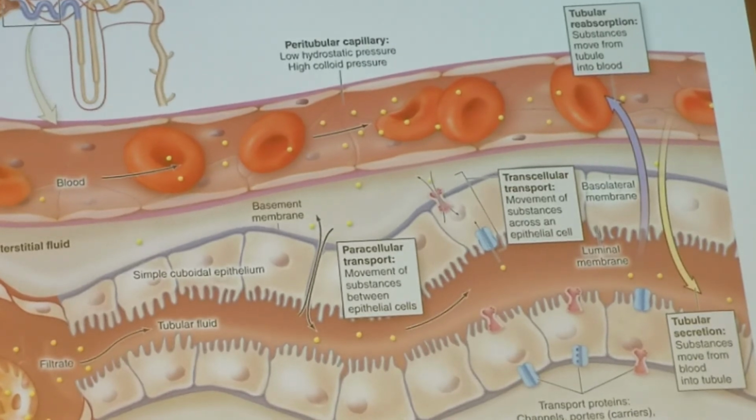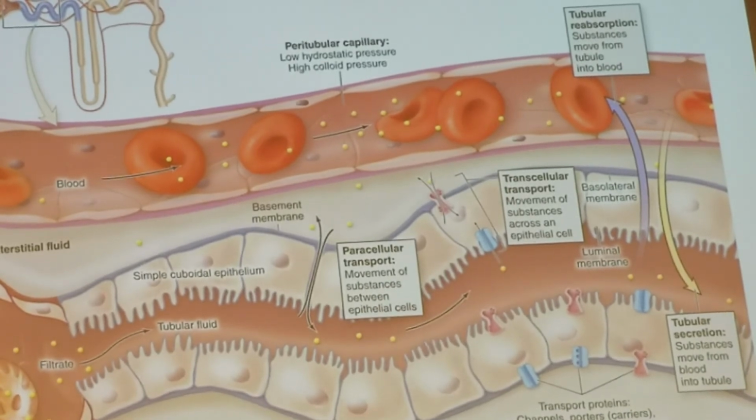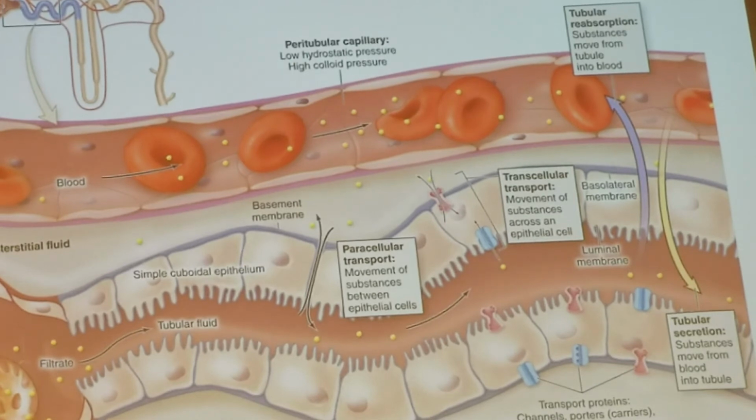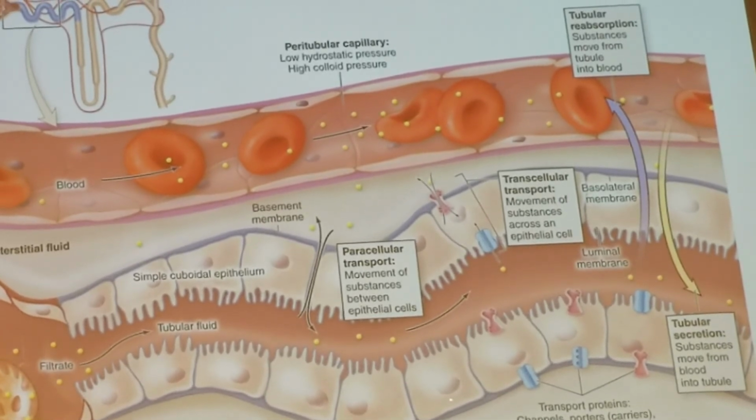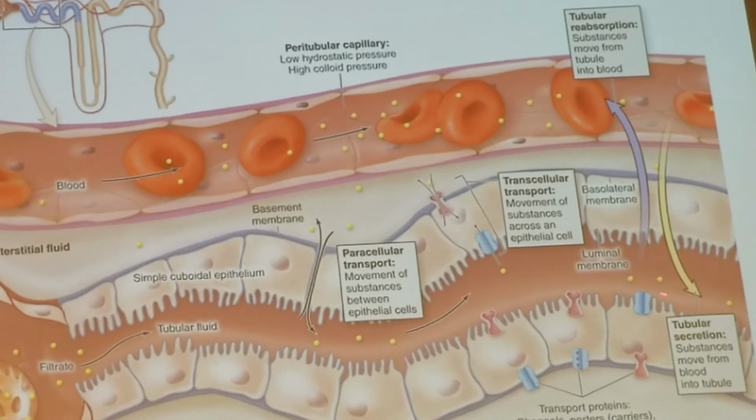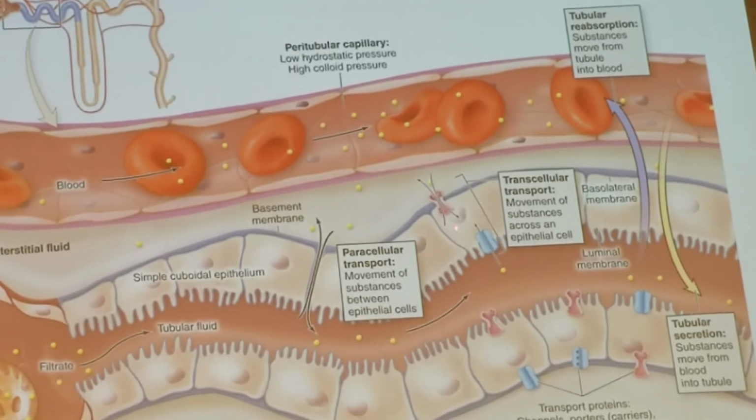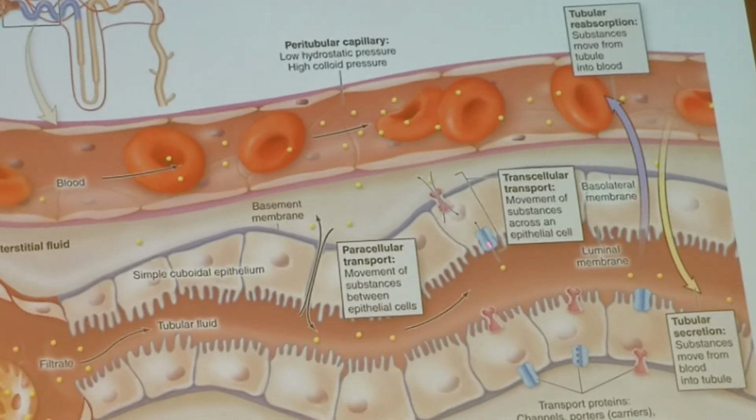Remember, layers and cells all have apical and basal layers. Apical is the top, basal is the bottom, whether it's stratified or it's an actual cell itself. This is the apical layer, and this is the basal layer. That's going to be important. Apical layers have lots of transporters and lots of gates. We're going to be looking at them specifically in the upcoming slides.